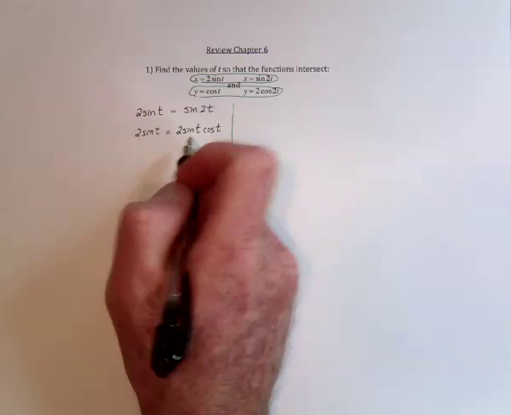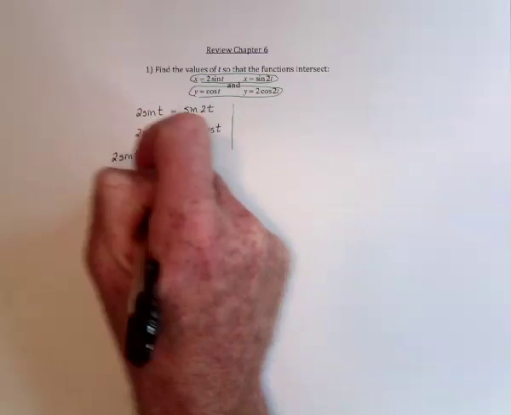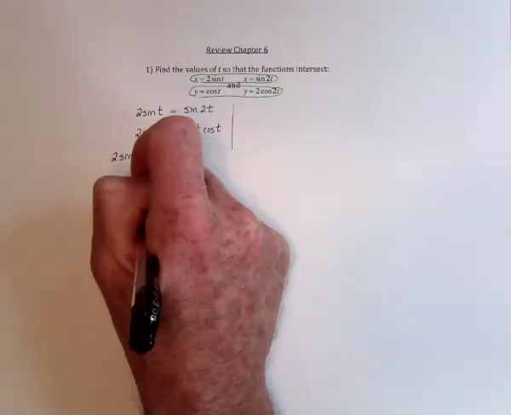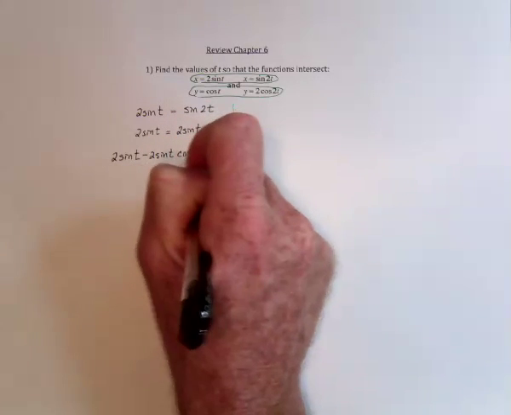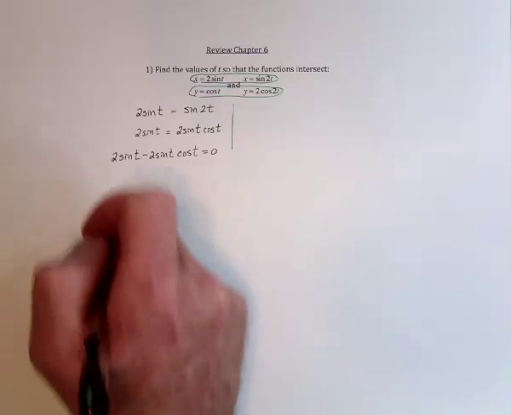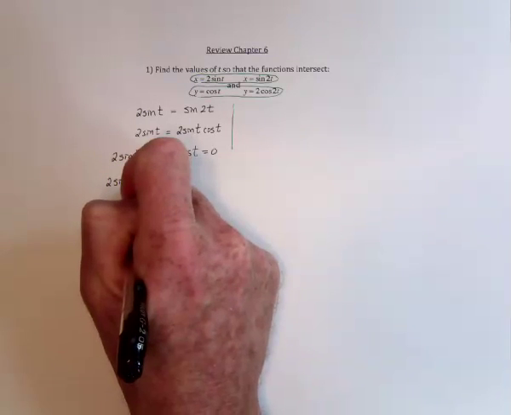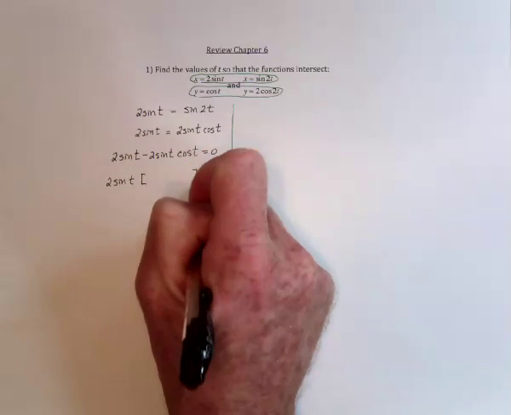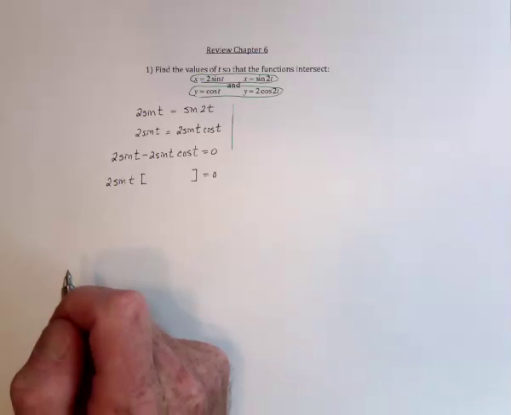You should instead move everything to one side. So I'm going to subtract this and move it to the left. And then that common thing that you're wanting to divide out, instead factor it out. That way, if it's ever equal to 0, you wouldn't be dividing by 0 ever, because we're not dividing, we're factoring.